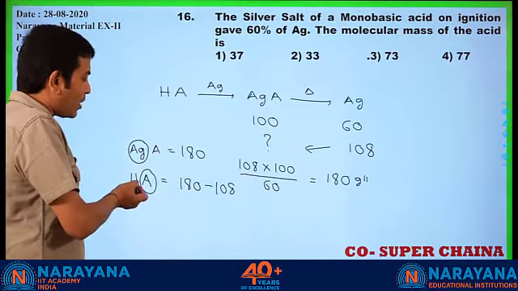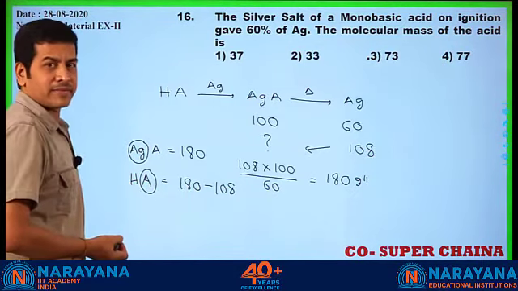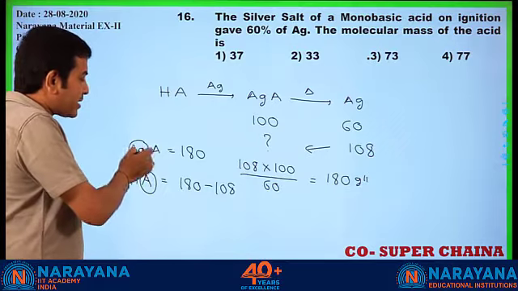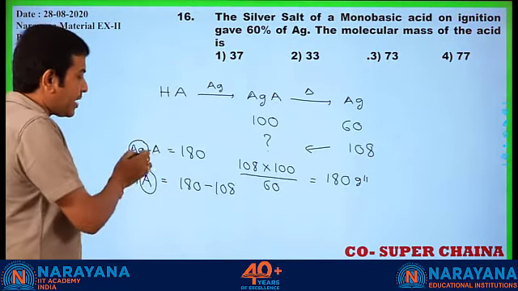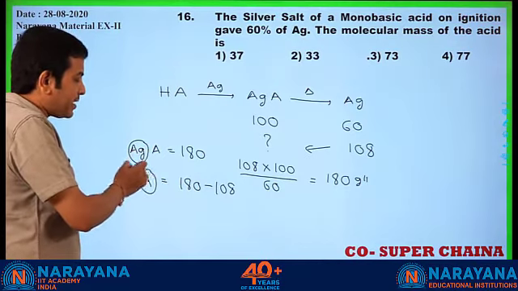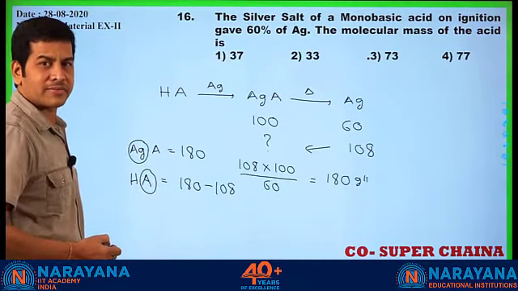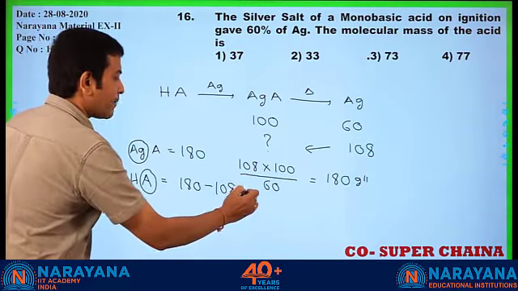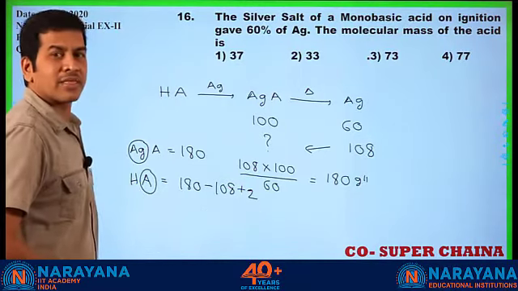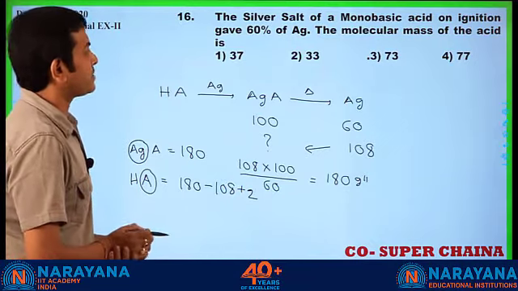From that, remove the Ag atomic weight, 108. Then we get the A atomic weight. I want the HA molecular weight, so add 1 for the hydrogen, which gives the total HA molecular weight.